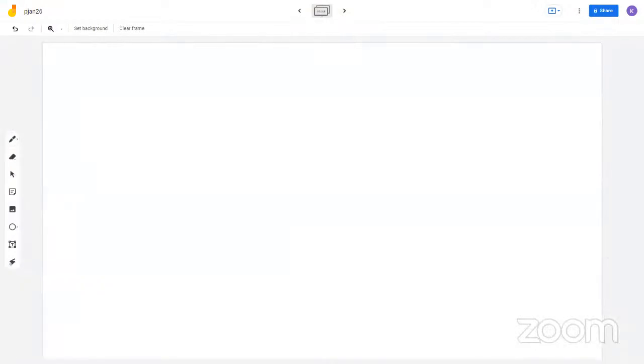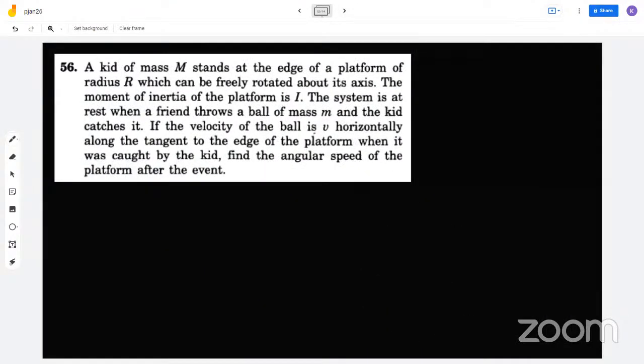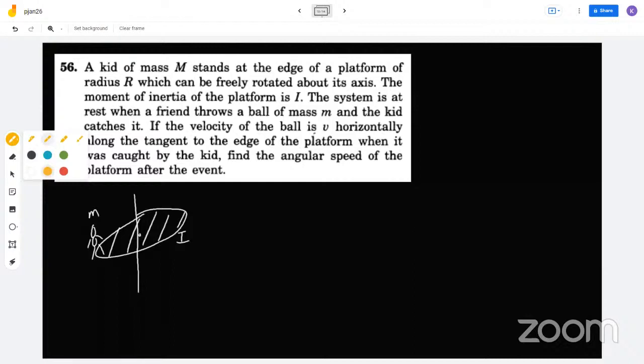Next one. So same, conservation of angular momentum.